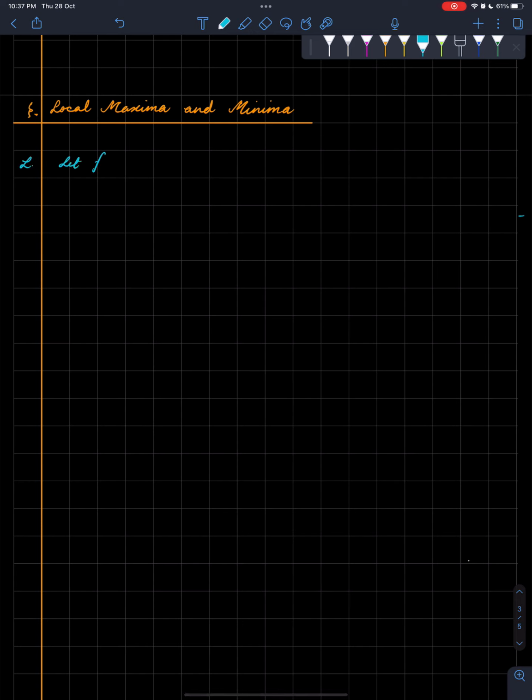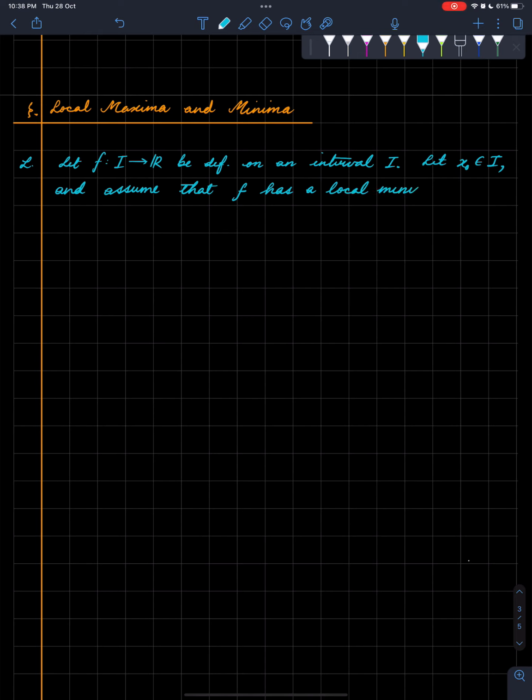So let f be a function on an interval I, and fix a point x naught in this interval, and assume that f has a local minimum at x naught.